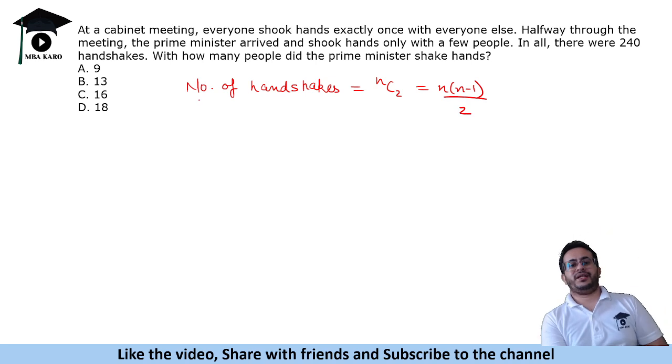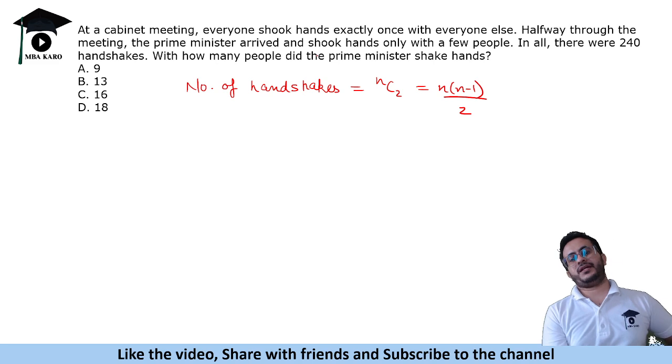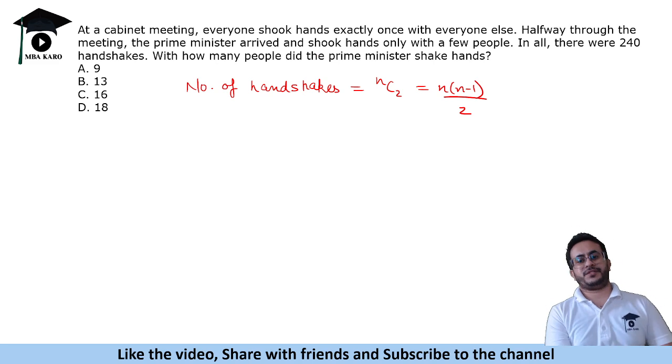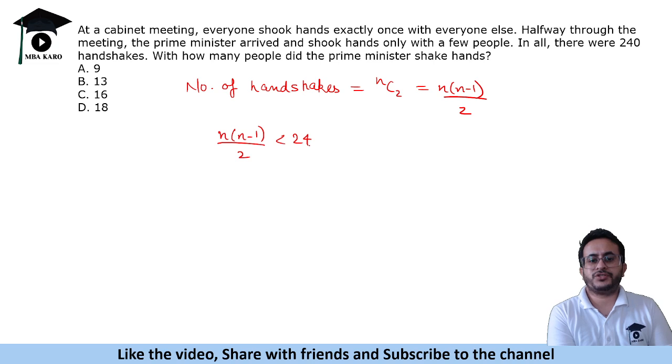Now everyone shook hands once, and some people shook hands with the Prime Minister. So nC2, or n(n minus 1) by 2, should be less than 240 because the actual number of handshakes among the members is less than 240. So we get n(n minus 1) is less than 480.